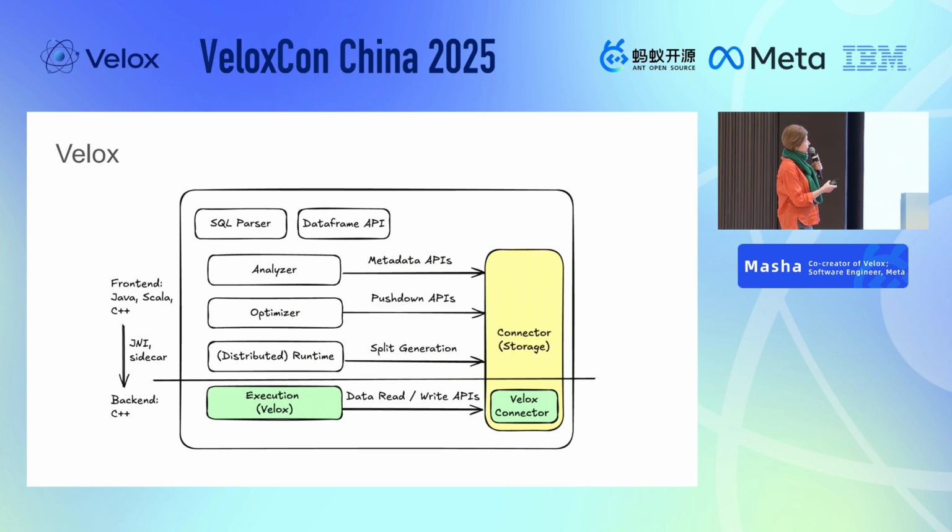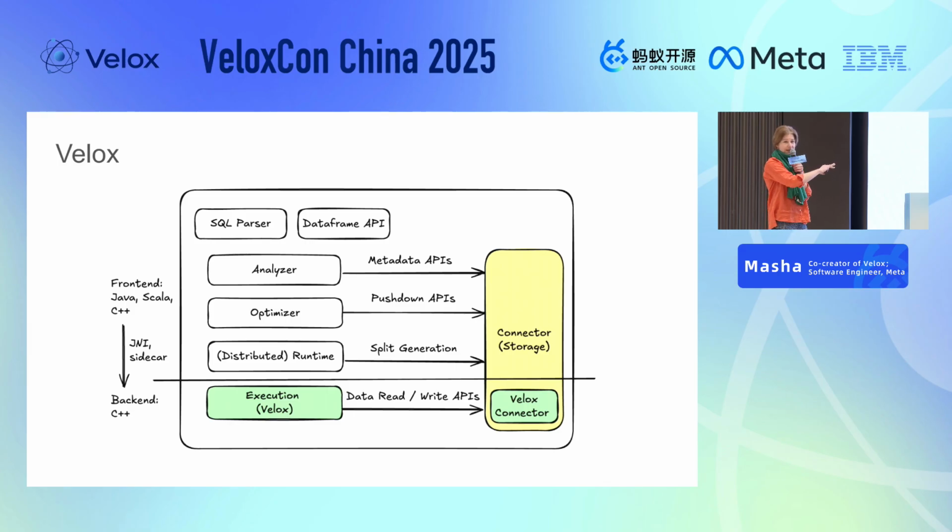Now we are noticing that there's a bit of a hurdle between the front ends of all those query engines and the mostly unified backends through Velox. There is a disconnect with the language being used to build those systems.